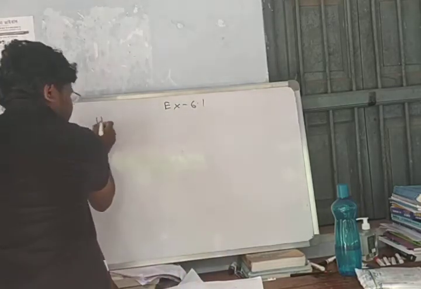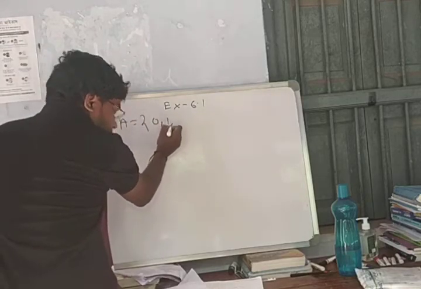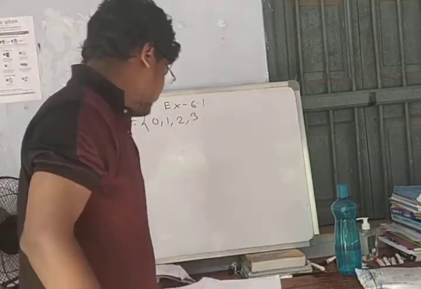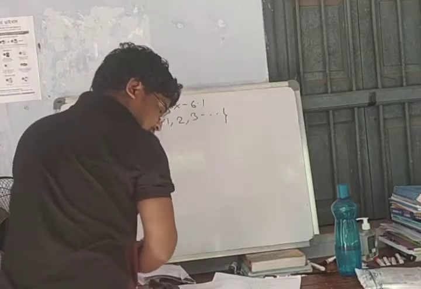A equals 0, 1, 2, 3, and so on, up to 8.